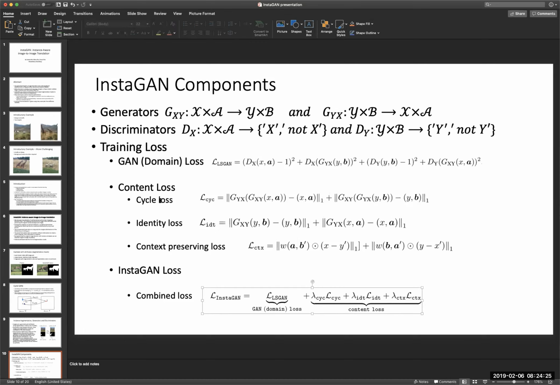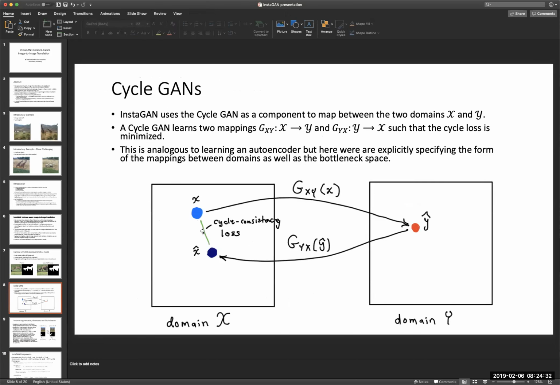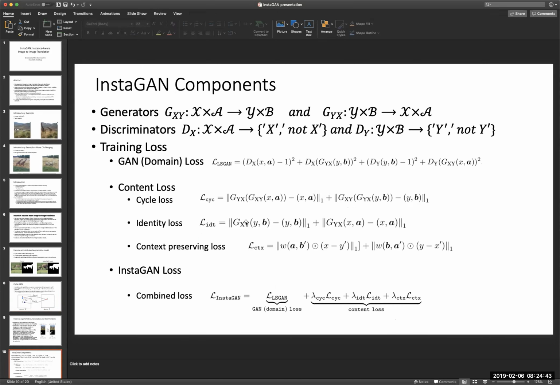I'll go through these losses kind of quickly. I'll start with the cycle loss, which we've actually seen depicted in just a couple of diagrams. This is the distance between these points after going through a cycle of transformation. Mathematically, the first term is transforming in one direction and then transforming it back, and then the difference between these 2, and then the L1 norm.